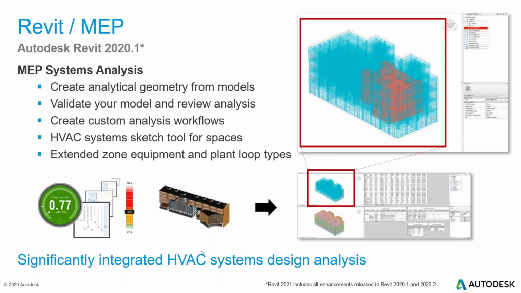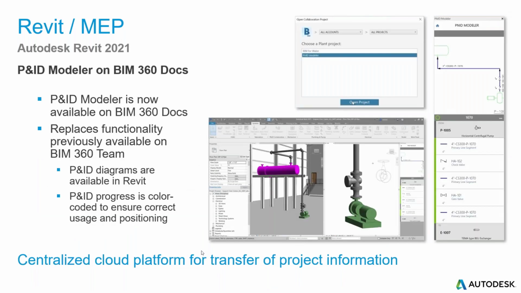If you move, Martin, this slide is about the P&ID modeler. As I said, it was there, but not on Docs. Now it's basically on Docs, and it replaced what it used to be on TIM previously.